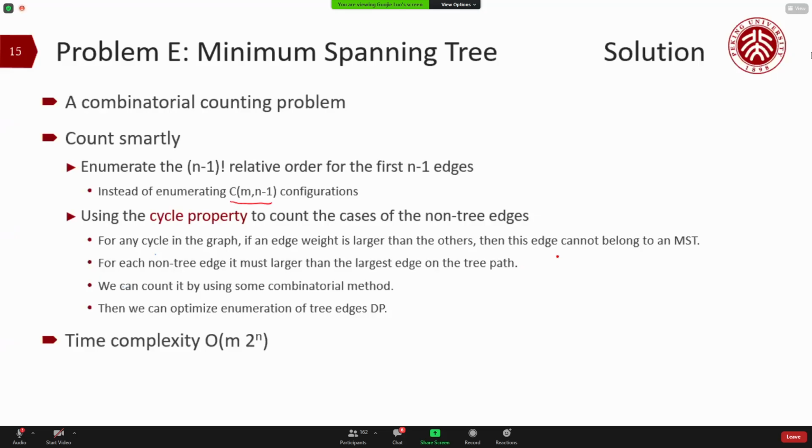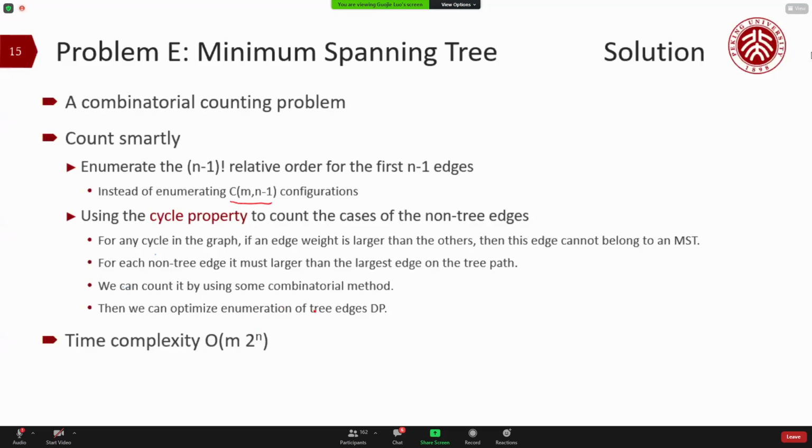So if we would like to ensure that the first n-1 edges are on the minimum spanning tree, we have a relative ordering for the weights of the tree edges and non-tree edges. Each non-tree edge must be larger than the largest edge on the tree path, and we can count it using some combinatorial method.